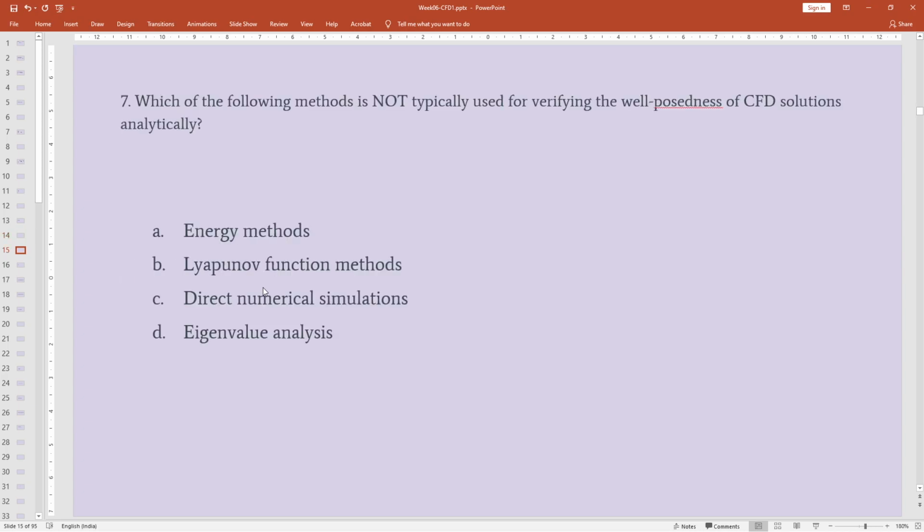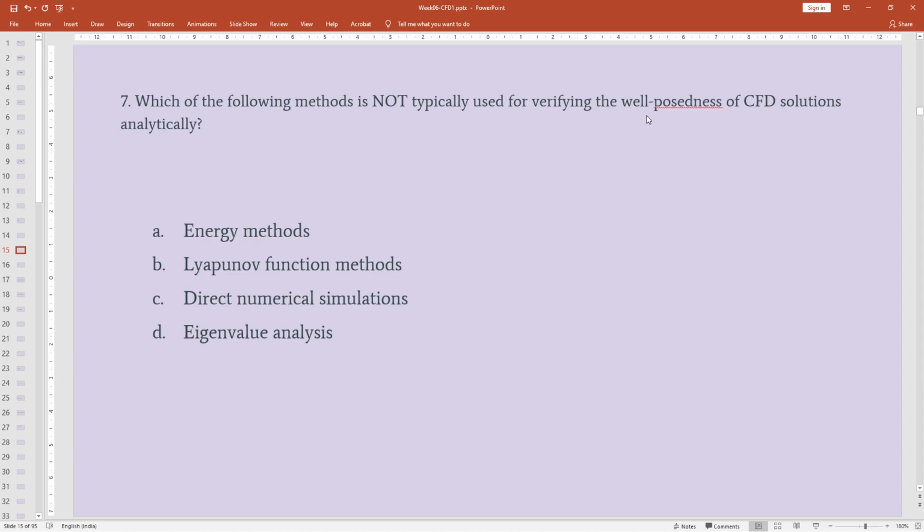Moving on to next question. Which of the following methods is not typically used for verifying well posedness of CFD solutions analytically? So we have already seen what well posedness is.